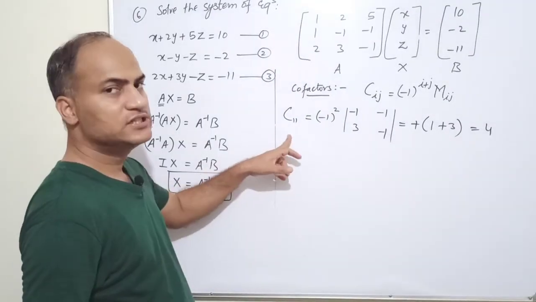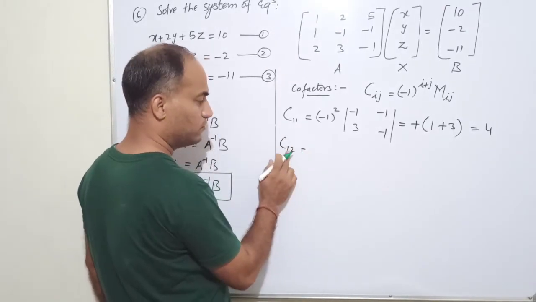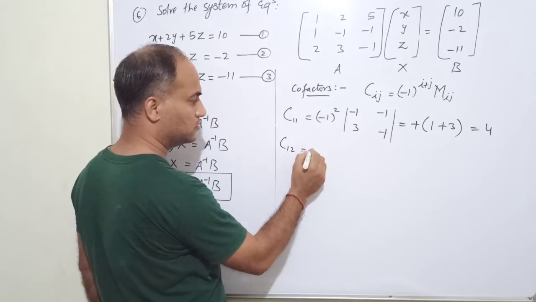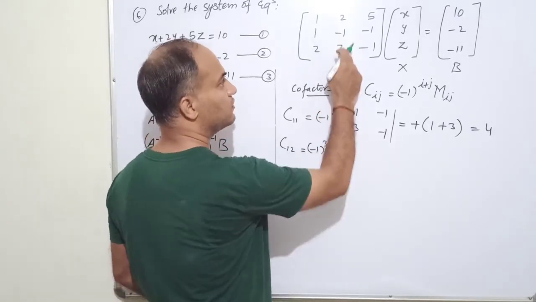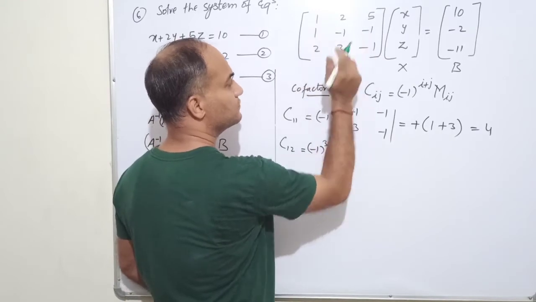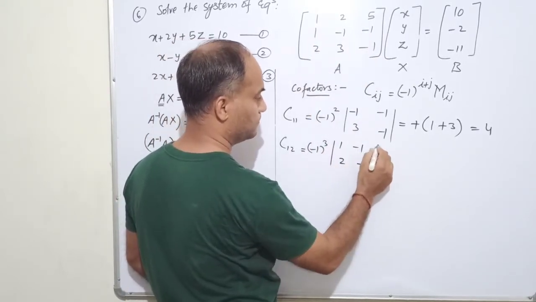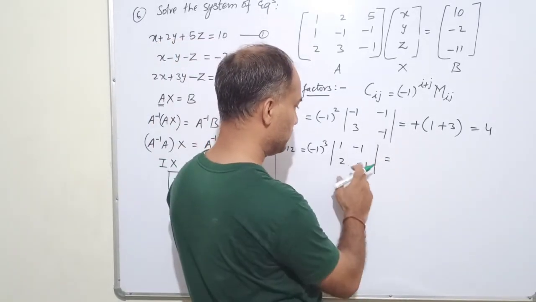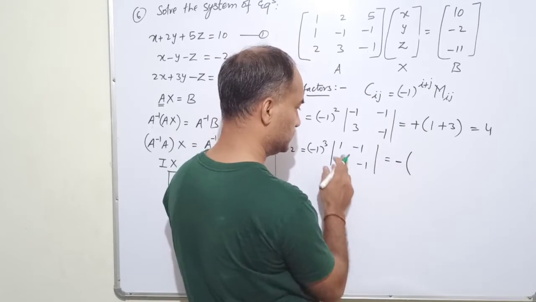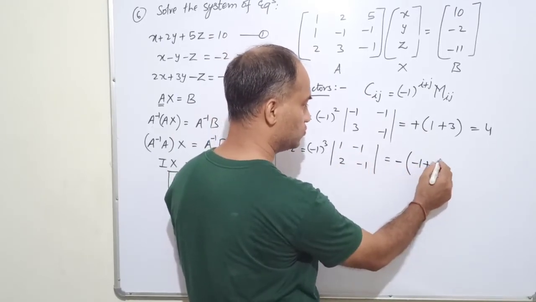Now let us see the next cofactors. 1, 2, minus 1 to the power 1 plus 2. So 3, and minor for this will be 1 minus 1, 2 minus 1, which gives us the value. This is minus 1, and when we subtract this value, this becomes plus 2.